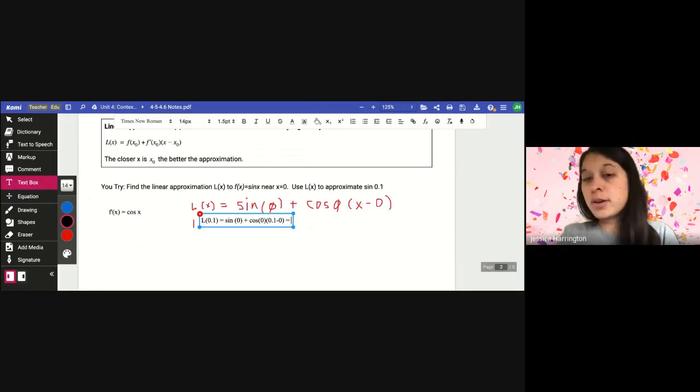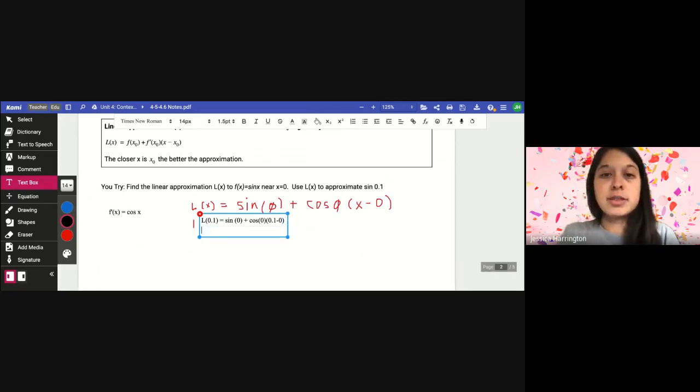L of 0.1. Sine of 0 is 0. Plus, what's cosine of 0? 1. Times, what's the difference of 0.1 minus 0? 0.1. And then when we solve all that, you end up with 0.1, right?